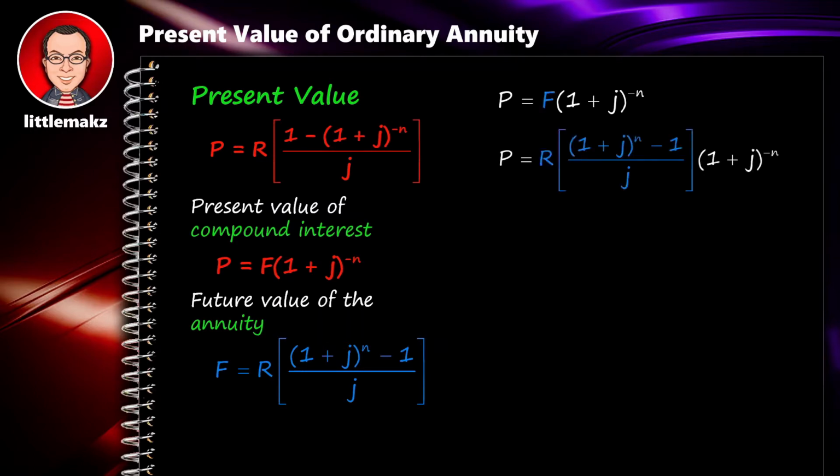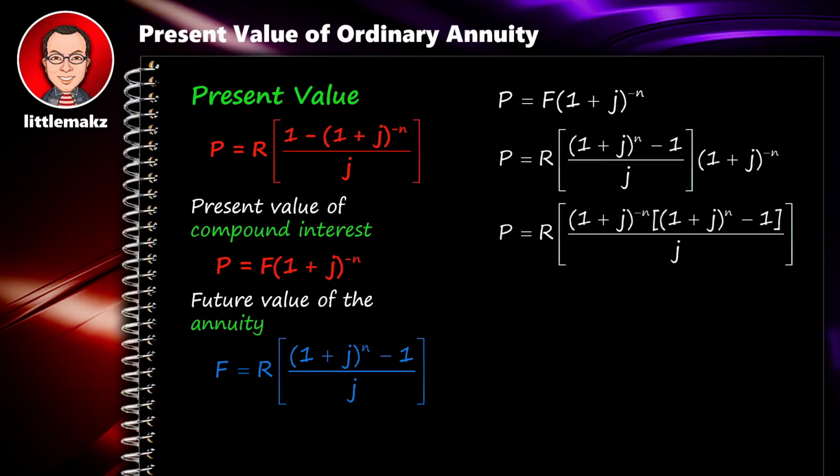By simplifying further, we see that our numerator becomes 1 plus J raised to the negative n being multiplied to the expression 1 plus J to the n power minus 1. By distributive property, 1 plus J to the negative n being multiplied to 1 plus J to the n will become 1 plus J to the 0 power, while 1 plus J to the negative n will be multiplied with negative 1.